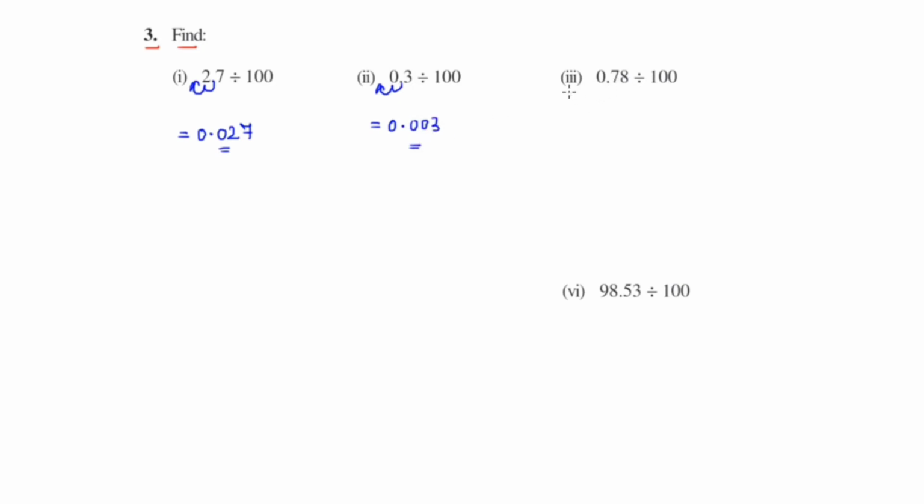Now in the third part, we have 0.78 and the number of zeros is 2. So we are going to shift this decimal before 7 to the right side by 2. If we put the decimal, it will be 0, then 2 zeros, which is the vacant position, then 78. So 0.0078 is your answer.